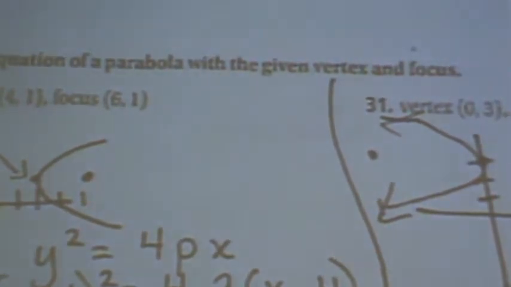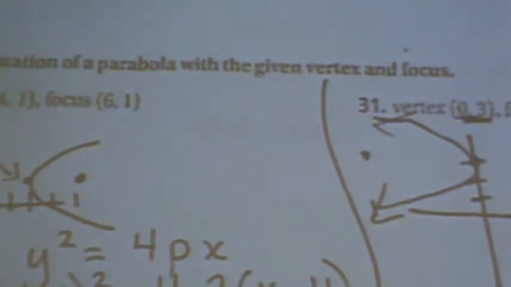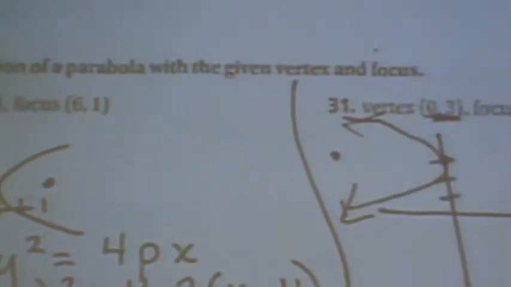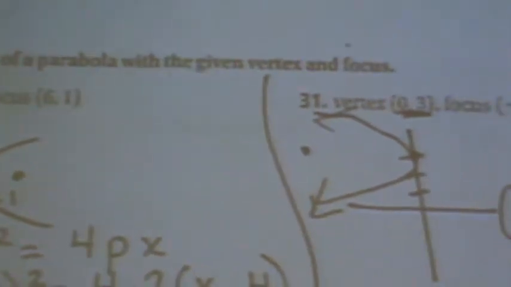It's going to be y squared equals negative 4px. Very good. Now let's put the vertex in. Remember, y goes with y, so y minus 3 squared equals negative 4. What's the p-value? How many units are you away from your vertex? 8. Nice. And p is positive, so don't write negative 8 here.